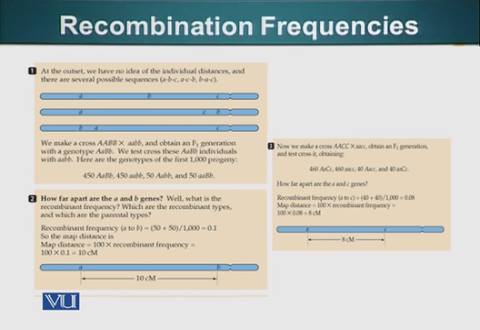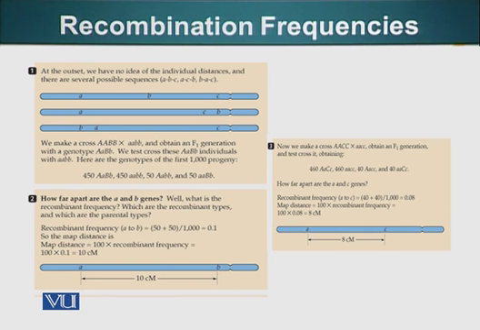As we have already established that 1 centimorgan is 0.01, this is how you convert recombination frequencies into centimorgans. So we can conveniently place the A and B genes along a chromosome, and the distance between them is 10 centimorgans.